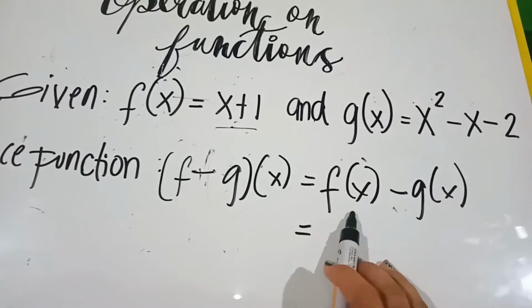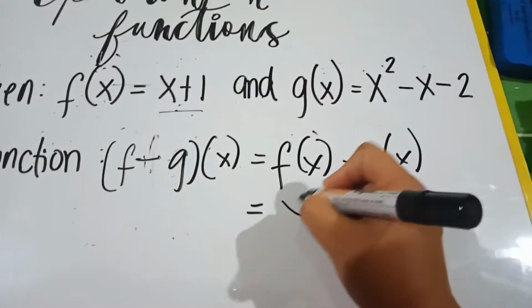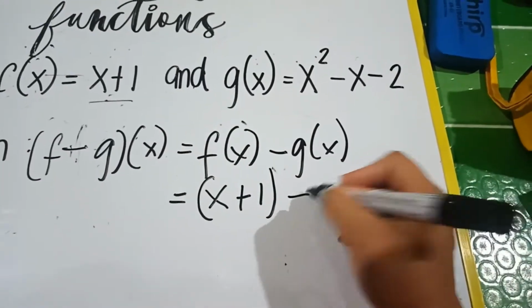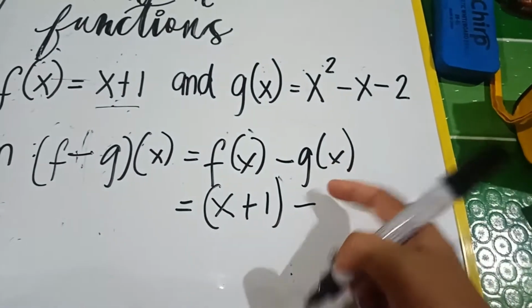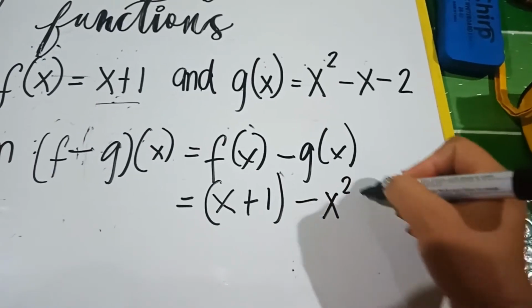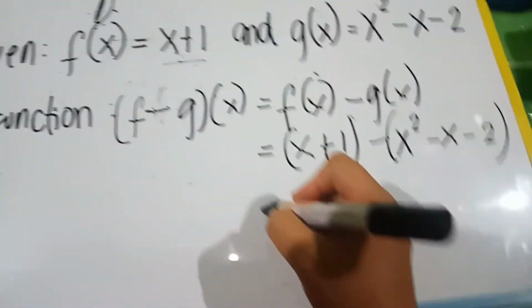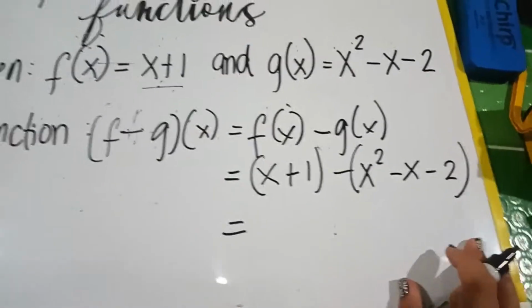So the given for f of x, we have x plus 1, and then the operation is subtraction. Then g of x is x squared minus x minus 2 is equal to. Ganun pa din yung gagawin natin.